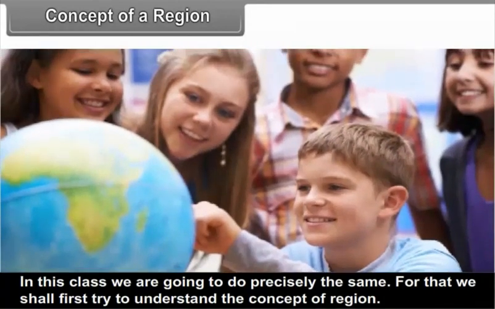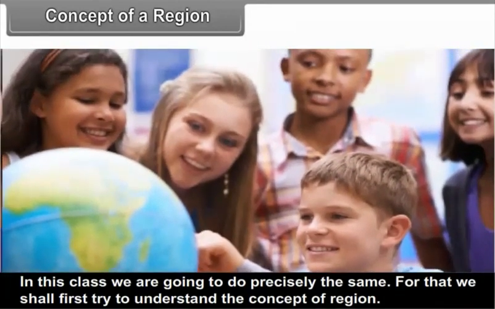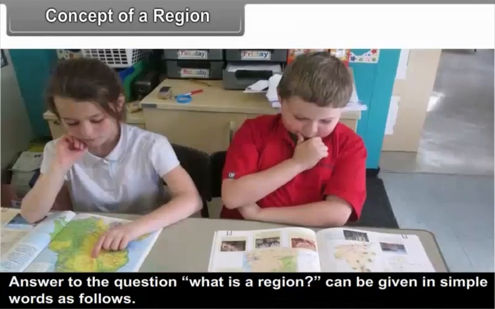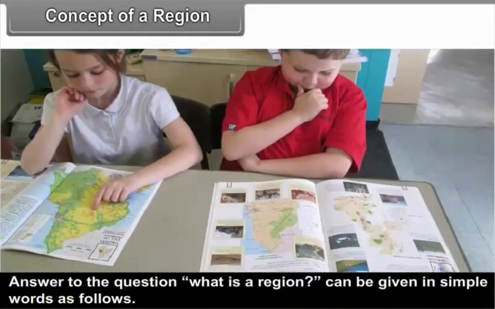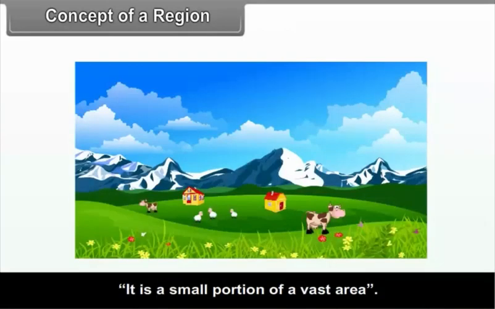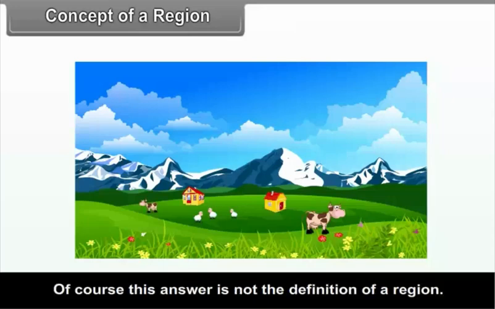For that, we shall first try to understand the concept of region. The answer to the question, what is region, can be given in simple words as follows. It is a small portion of a vast area. Of course, this answer is not the definition of a region.